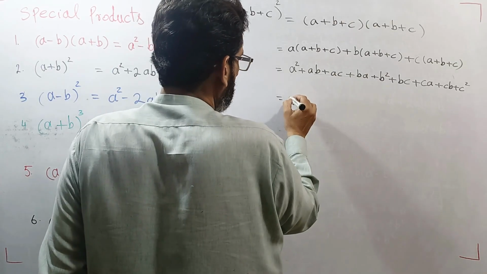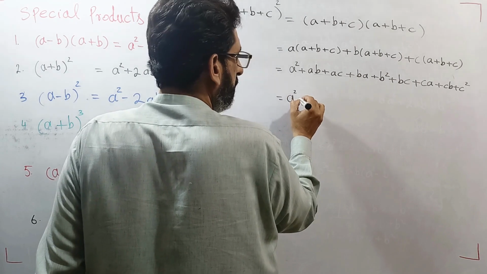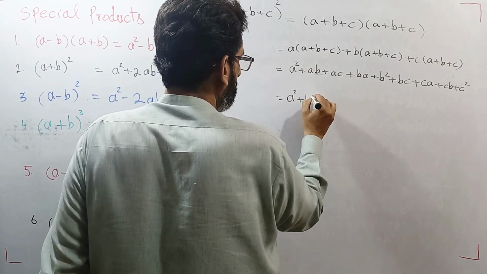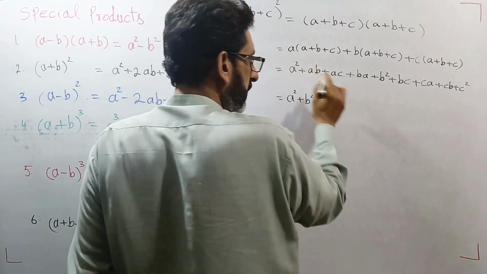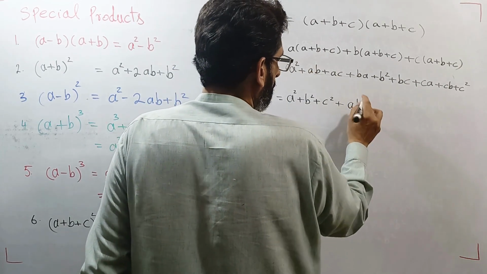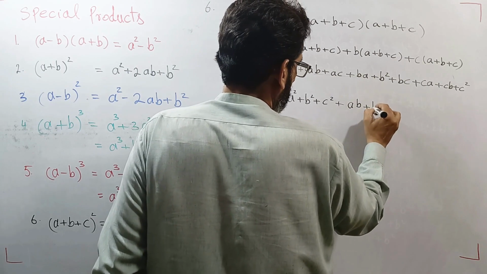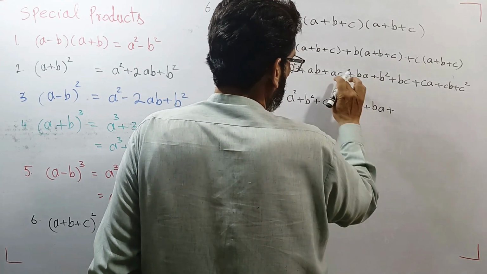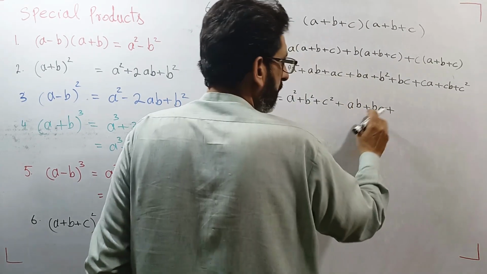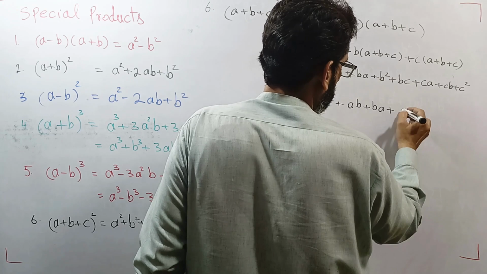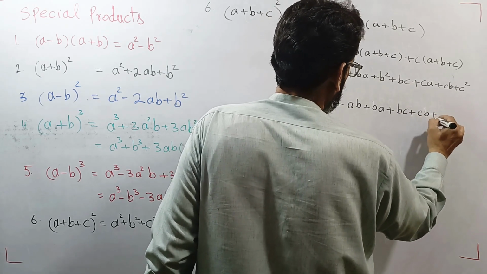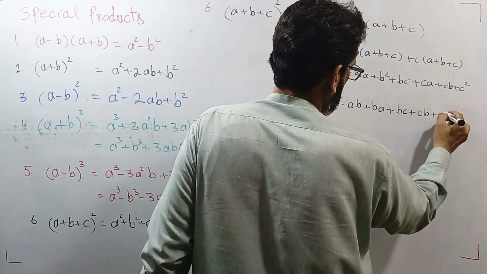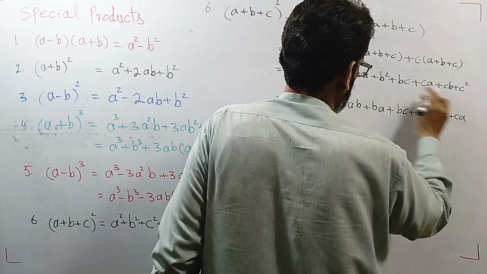Here first we write terms with index 2, a square plus b square plus c square. Now we write product, this ab and this is ba, AC, now we write here BC plus CB plus AC plus CA.